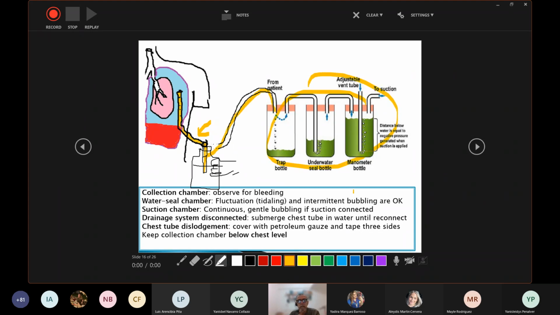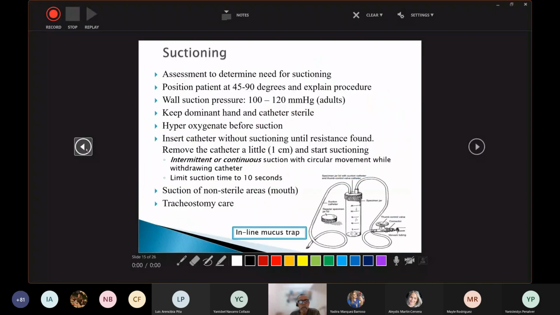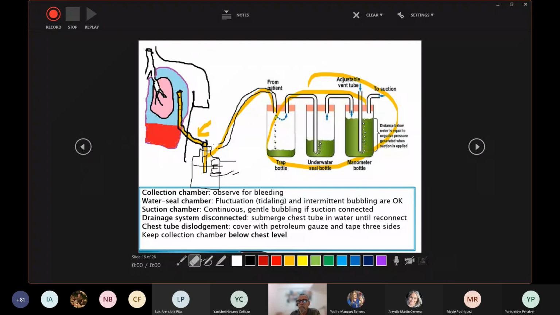So that is what you need to know about this connection. You need to introduce it in water.